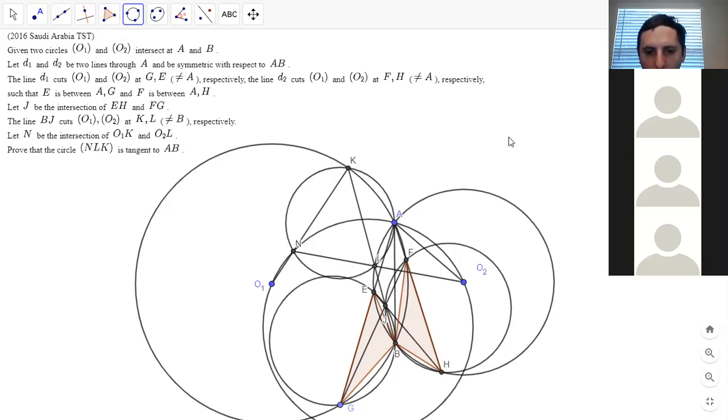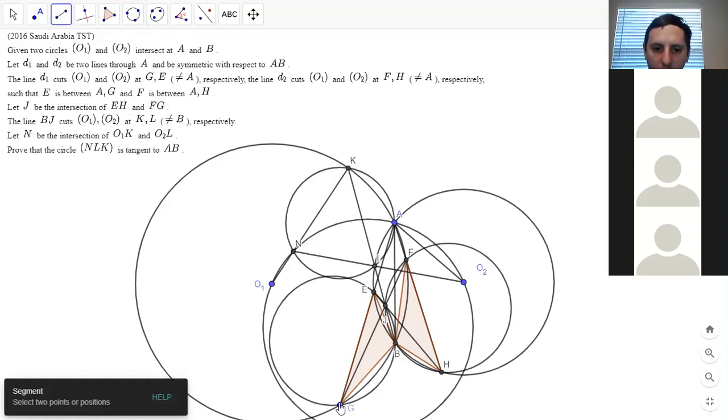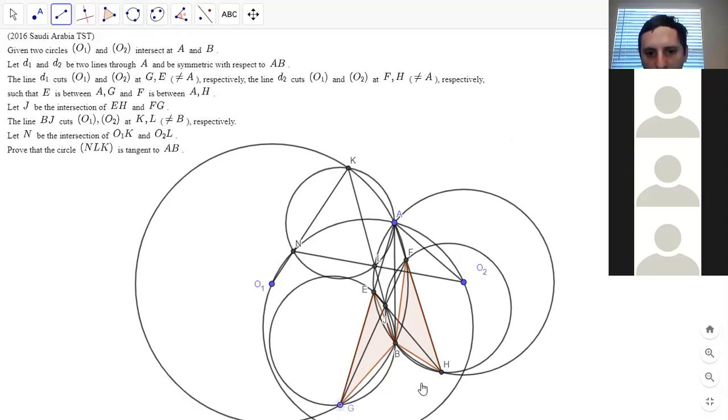Also, GH equals GE equals HF. GH is equal to those other. Yeah. Is ELFJ cyclic? ELFJ.